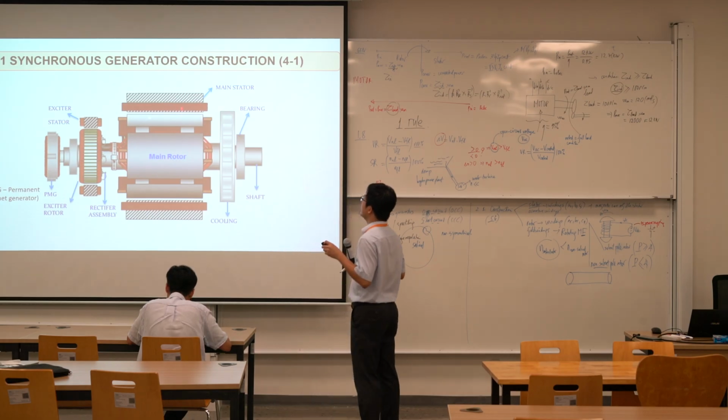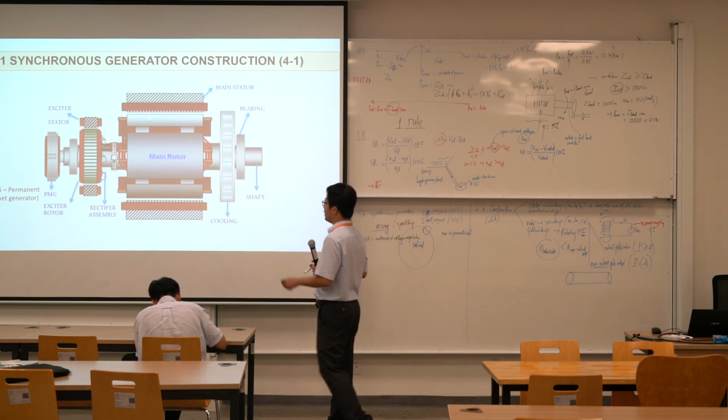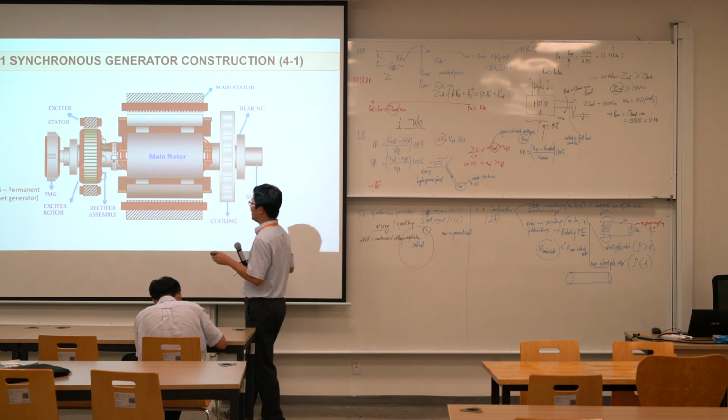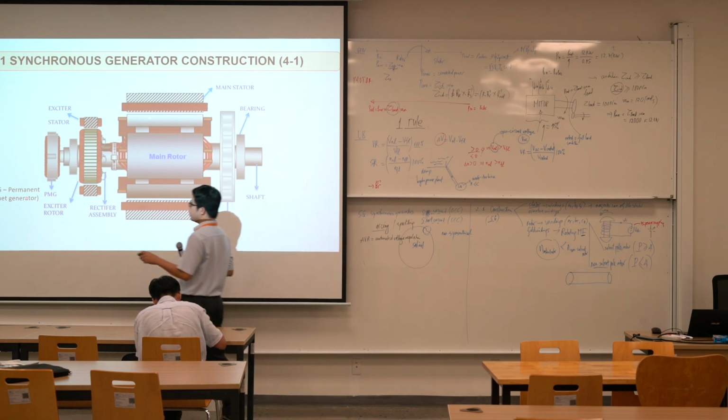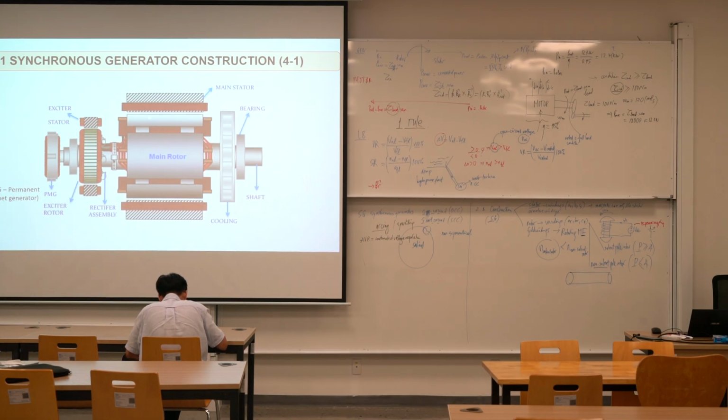Here we have the synchronous generator. We have the main stator. This is the main rotor. This is the cooling fan, bearings, shafts. And as I mentioned before, this is the additional generator, or we say permanent magnet generator.